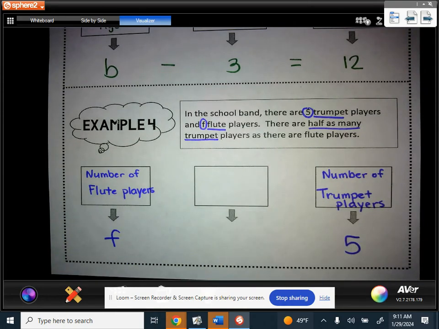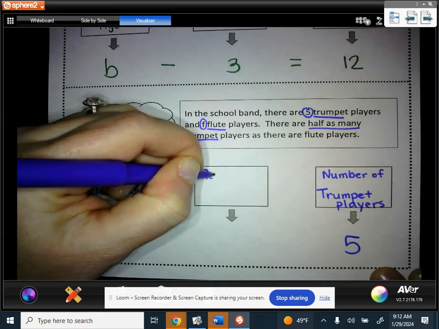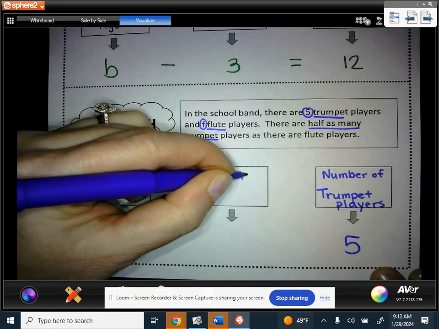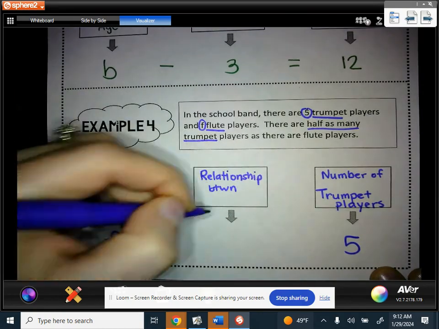Okay, so there's half as many trumpet players. So that means that the flute players cut in half would give us the trumpet players. And so if we're cutting something in half, that means we're dividing it by 2. And we're going to call this the relationship between them.